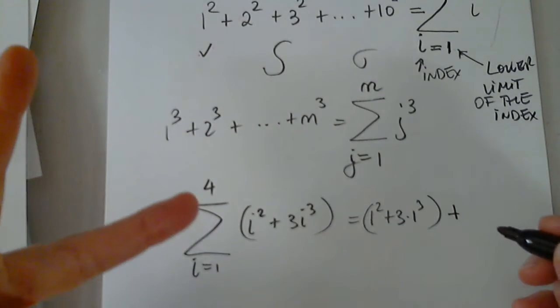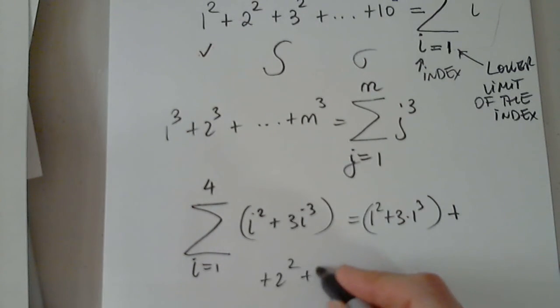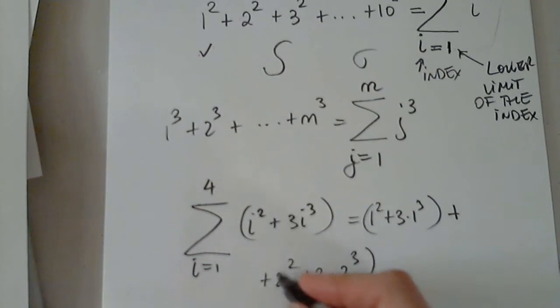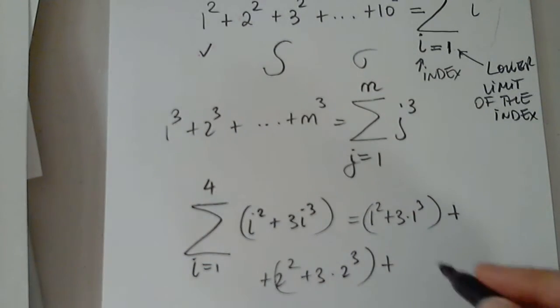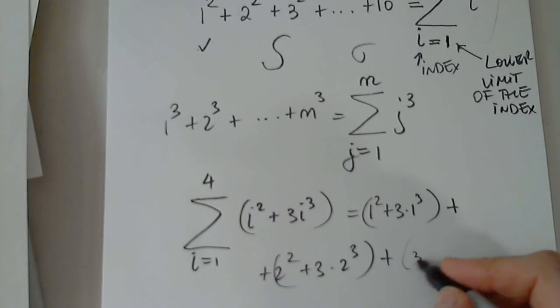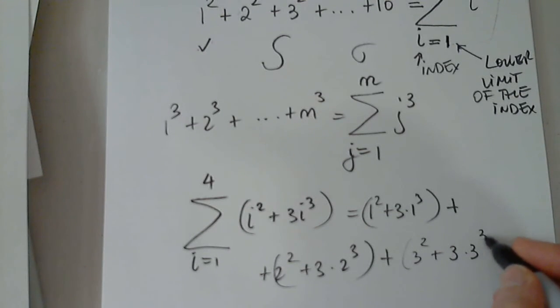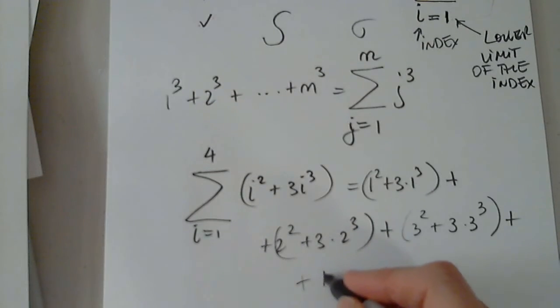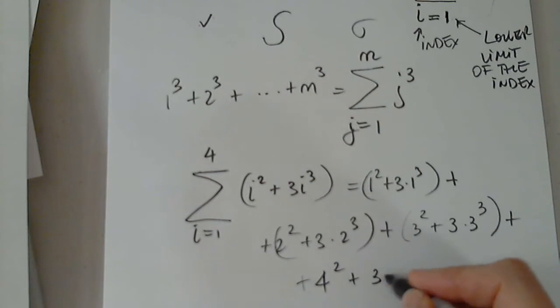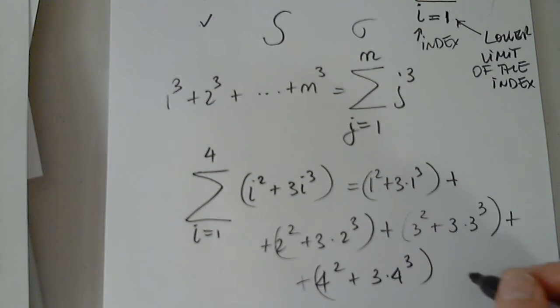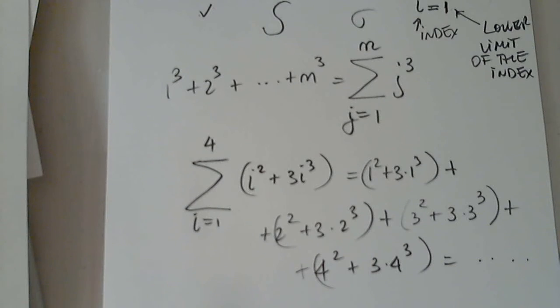Plus, when i is 2, I have 2 squared plus 3 times 2 cubed. Plus, when i is 3, I have 3 squared plus 3 times 3 to the third. And plus 4 squared plus 3 times 4 cubed. And I determine that sum. That's what this represents.